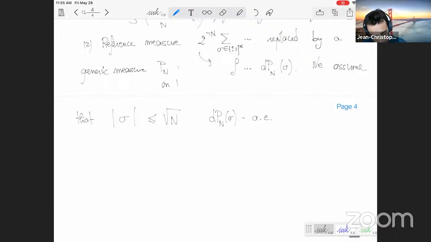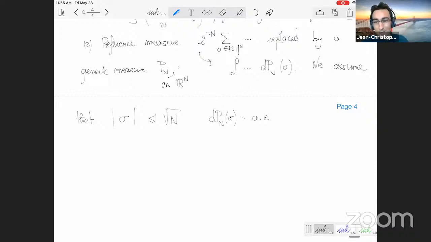Maybe I should have written that here. So when the vector was a sequence of +1s and -1s, clearly the norm is bounded by square root of n, and I'm going to keep this bound in place. So, for instance, if Pn is a product of independent components which are all bounded, then this inequality is valid.